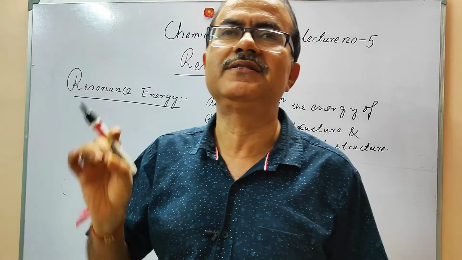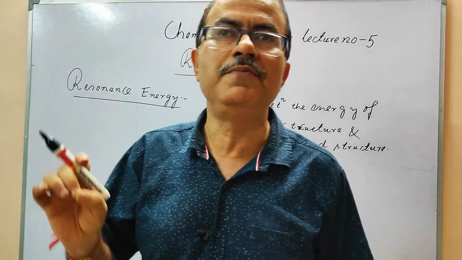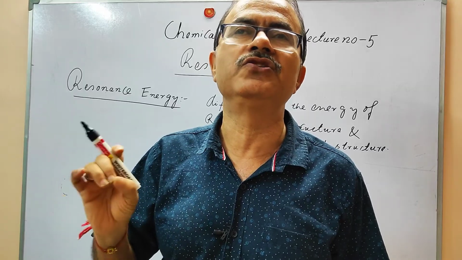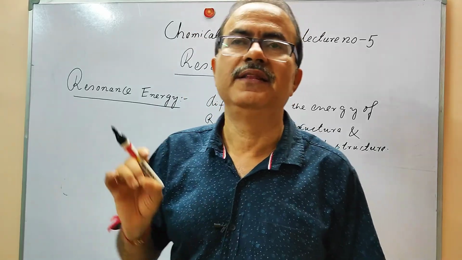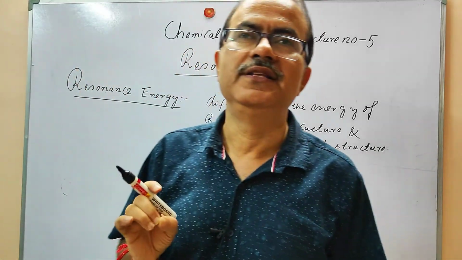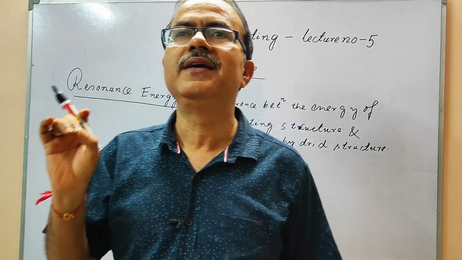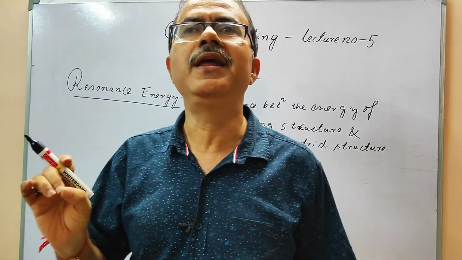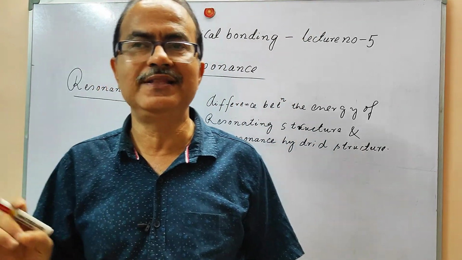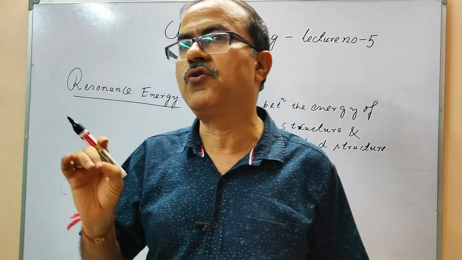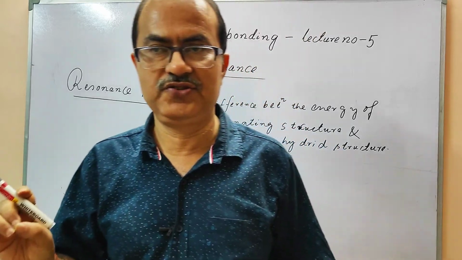The only structure that is an actual representation of the molecule is the resonance hybrid. I think that is clearly understood. This concept of resonance basically explains the bond length or equality of bond strength in those molecules which are not explained by the Lewis dot structures.